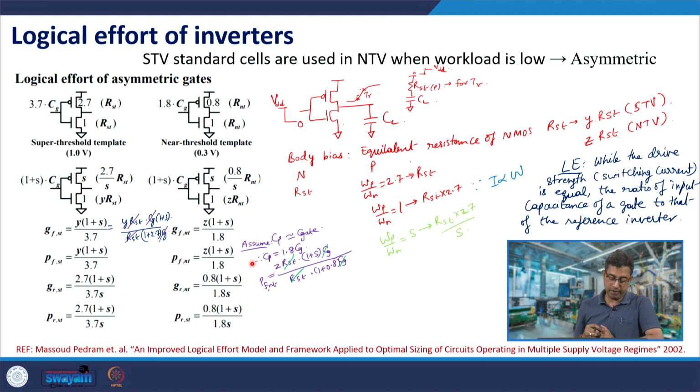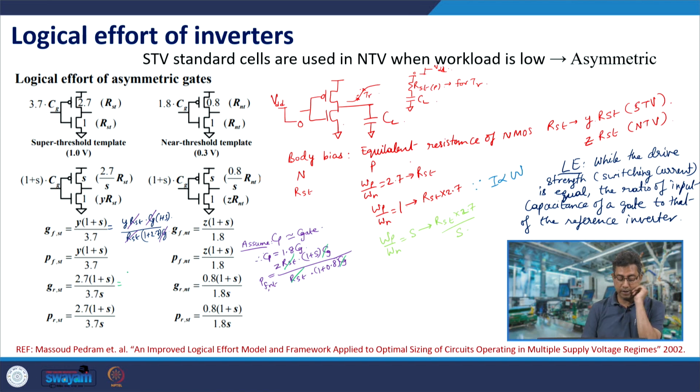Likewise, they have calculated other values: logical effort for output rise, parasitic delay for output rise, logical effort for output fall, parasitic delay for output fall. For example, this is the output rise RC time constant. So, you are driving a similar inverter.